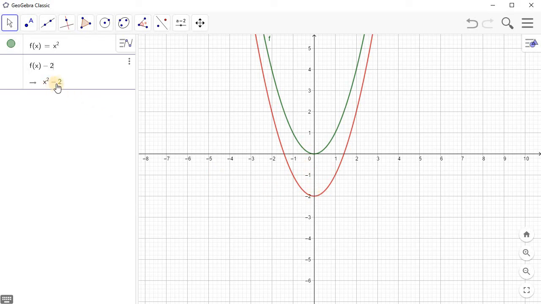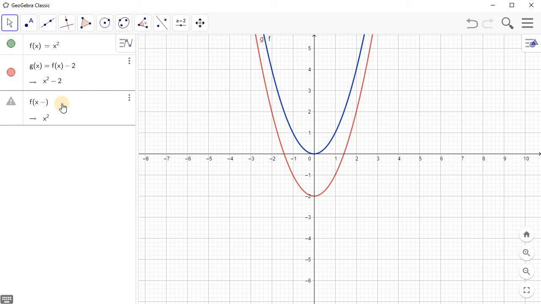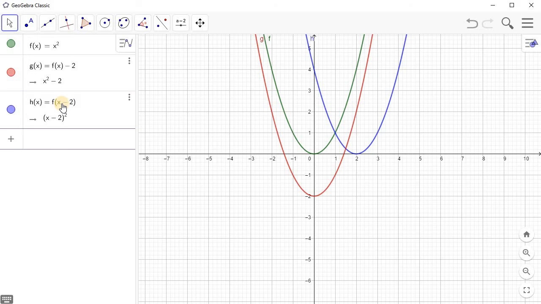And you can see here the minus 2 is not in here with the squared. Let's just go ahead and put in f of x minus 2 like that. You see the difference? See how the minus 2 is not squared, but here the x minus 2 is squared. Well, the red graph shifted it down 2 units, and the blue graph, see how it went to the right 2 units.